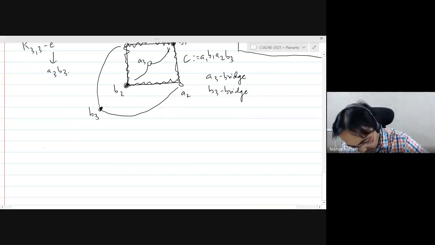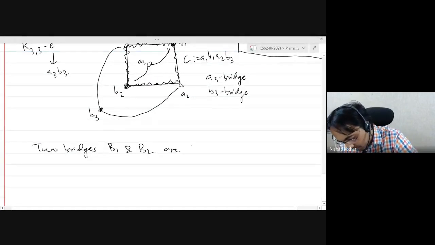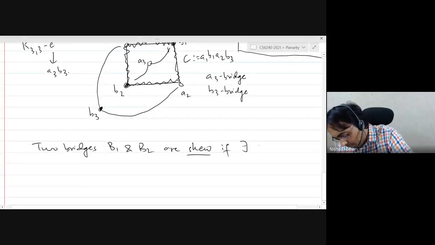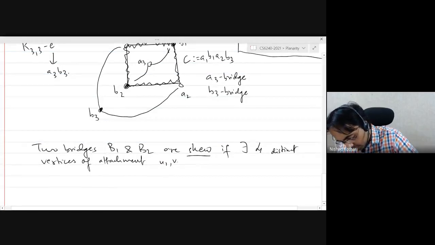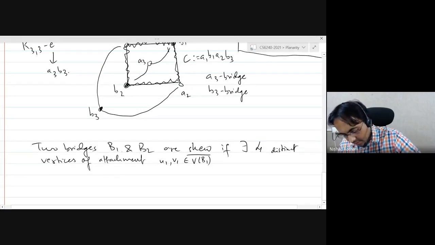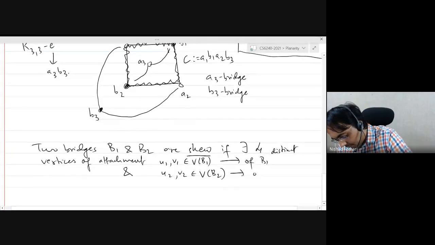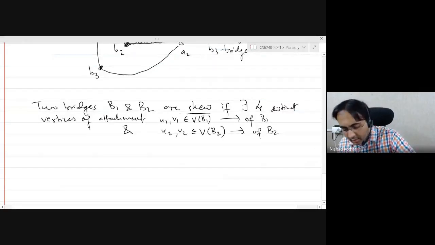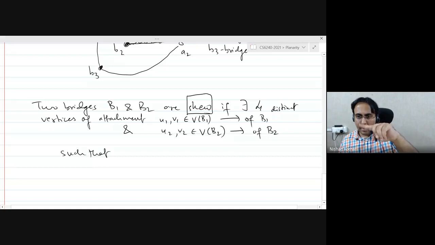Okay. So two bridges, B1 and B2, are skew if there exist four distinct vertices of attachment U1, V1, which are vertices of attachment of B1, and U2, V2, which are vertices of attachment of B2, such that on the cycle you will first see U1 followed by U2, followed by V1, followed by V2 in that cyclic order, depending on how you traverse the cycle.